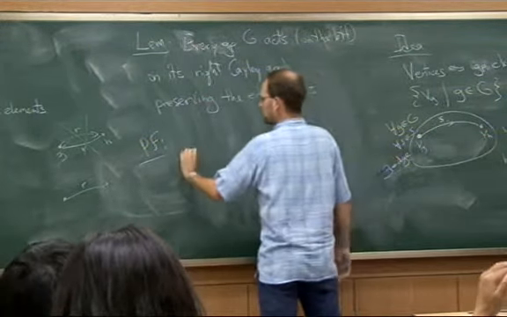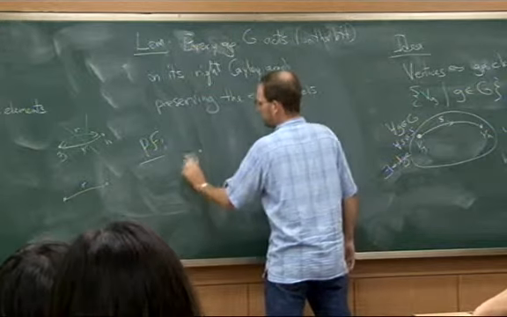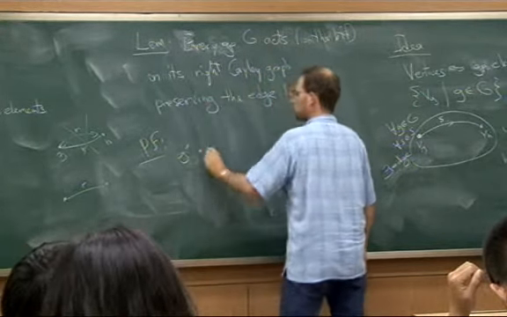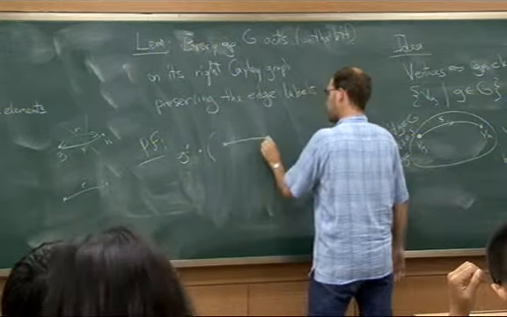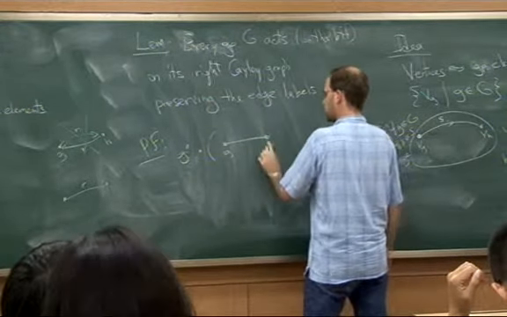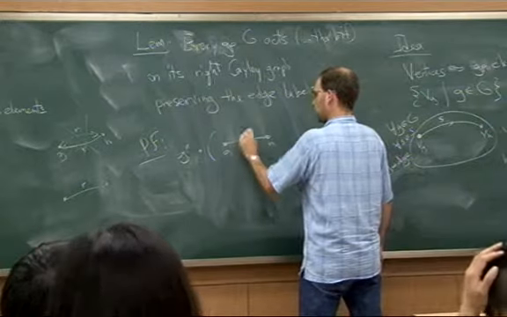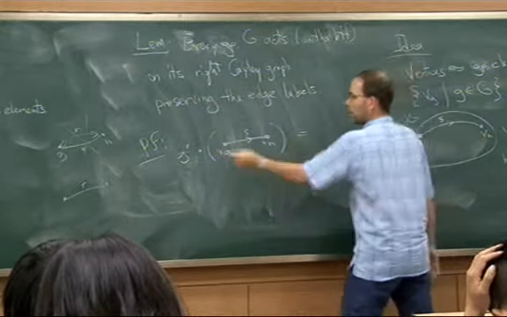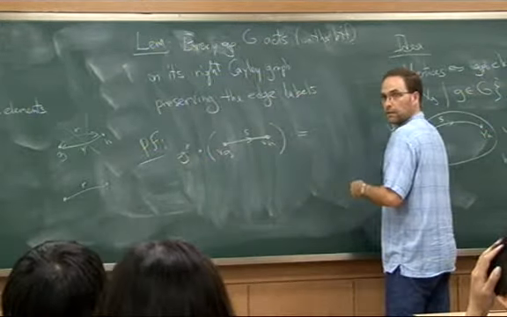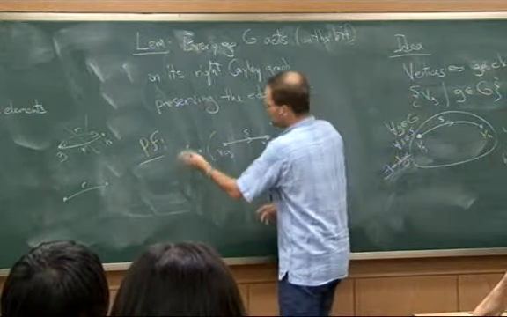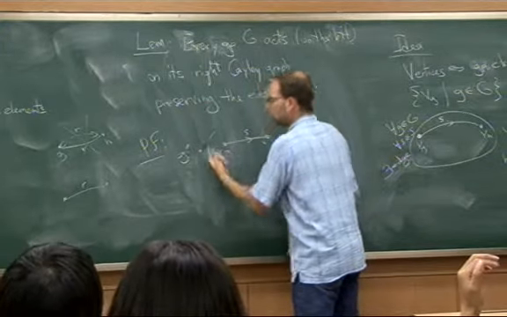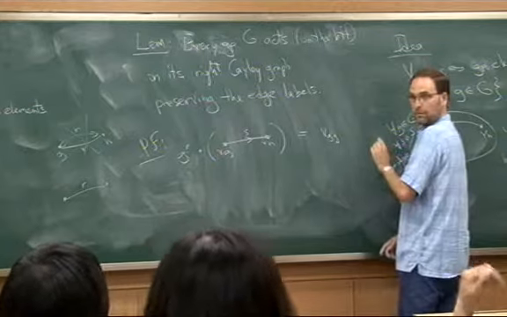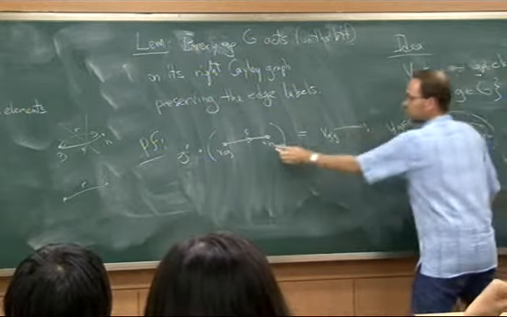And the proof basically goes like this: how is the group acting? If I have some element, let me just call it G prime, acting on some edge between G and H with label S, this is V sub G and V sub H, well, how does the group act on this? The group is going to send the element V sub G over to V sub G prime G. Where does the other vertex go?